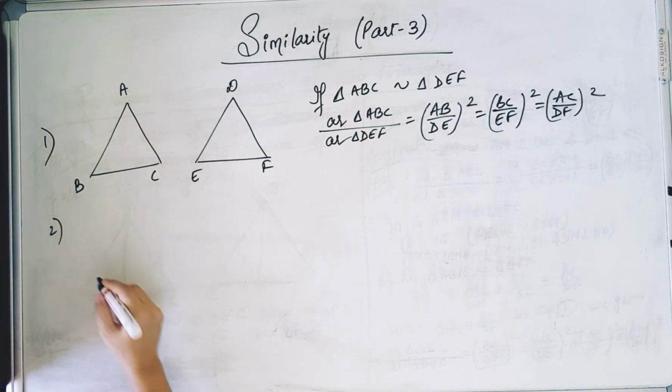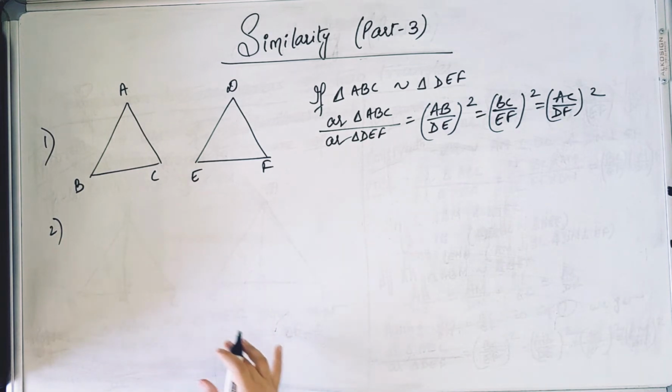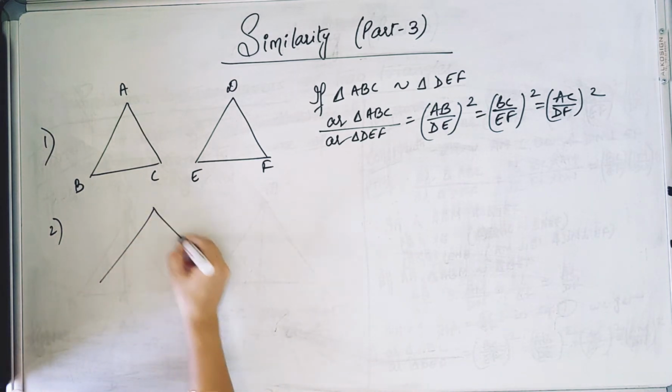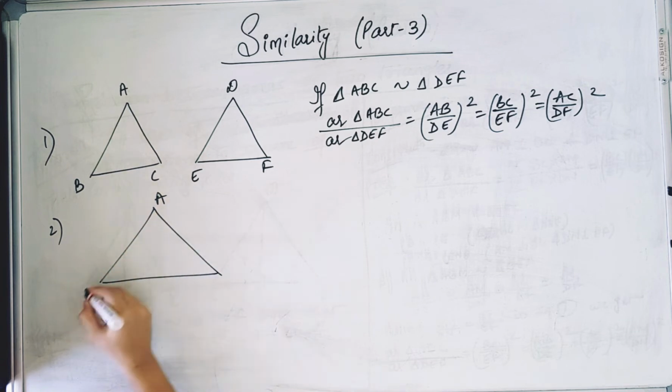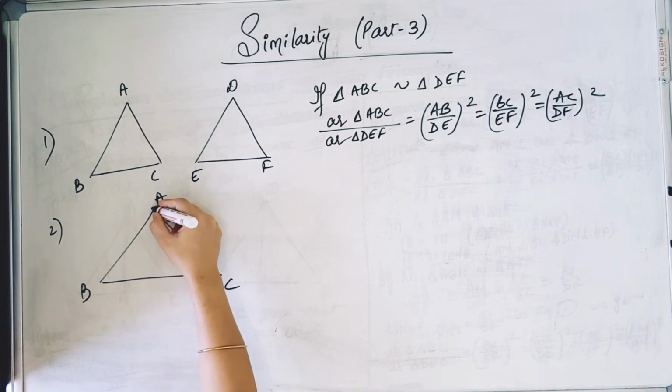Second concept which we can derive from this: see, this is triangle ABC and this is the median over here.